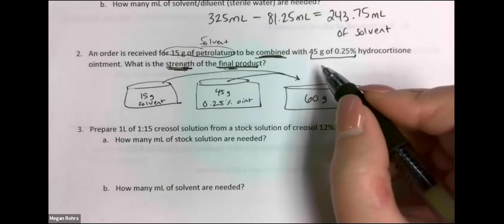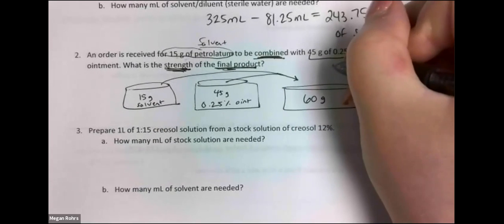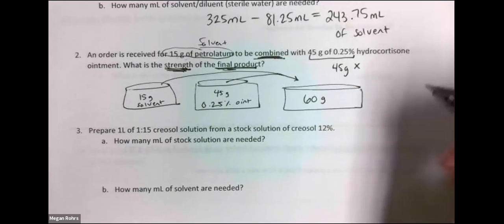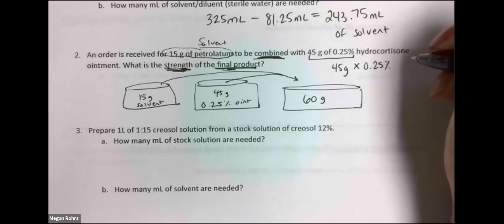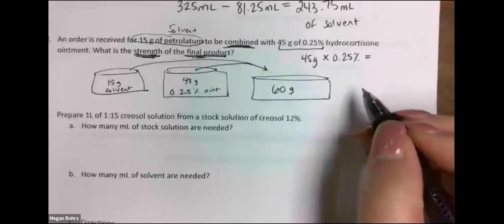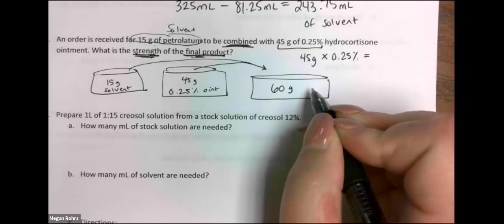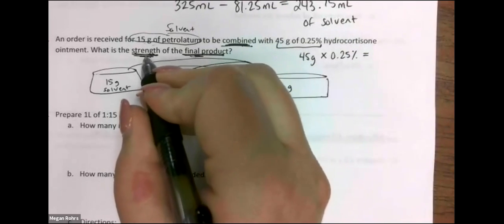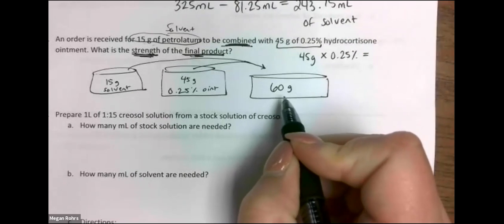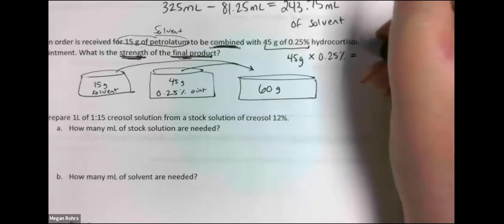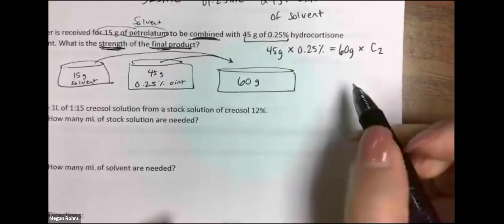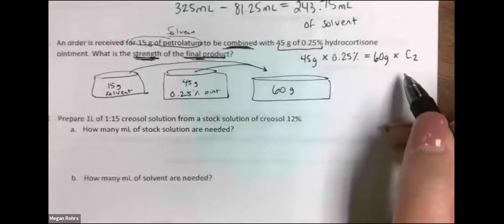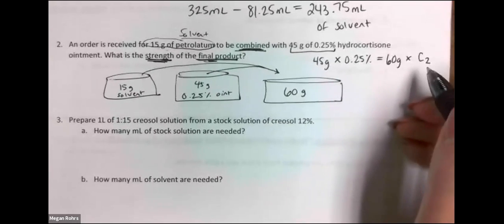So stock Q1 would be our 45 grams. C1, our stock concentration, would be 0.25%. Set that equal to our final product, or our desired. Well, we're looking for the strength. Well, I know my quantity is 60 grams, so my Q2 would be 60 grams. And this time, I don't know the strength. I do not know my concentration. So we're looking for C2 in this case. So now let's solve for C2.